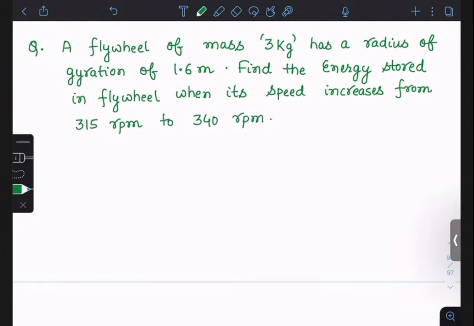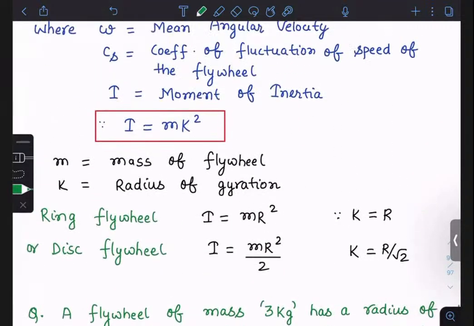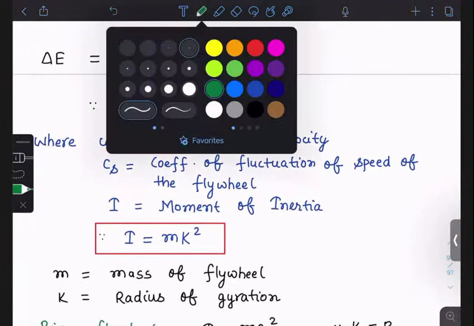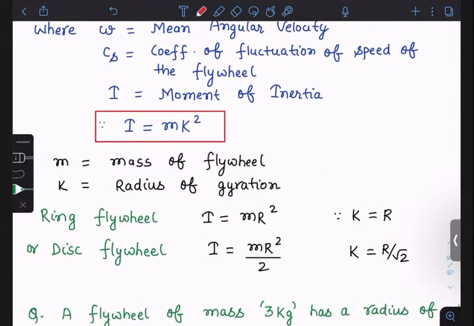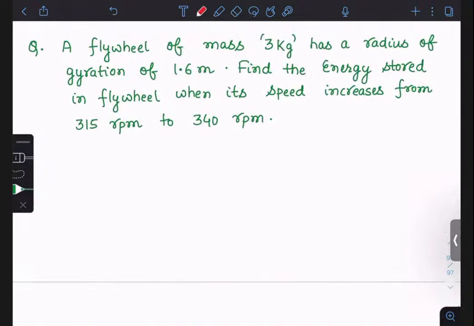Can anyone solve? Find the energy stored. So whatever fluctuation delta E you have to find out, that is the energy stored in the flywheel. Find out, guys.